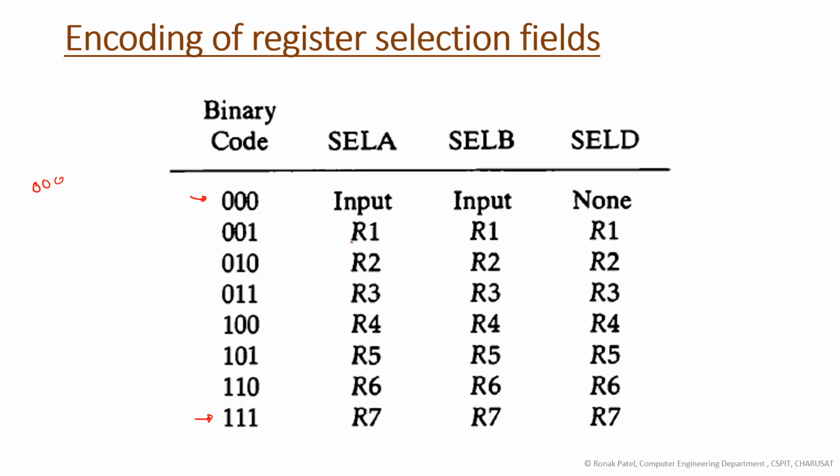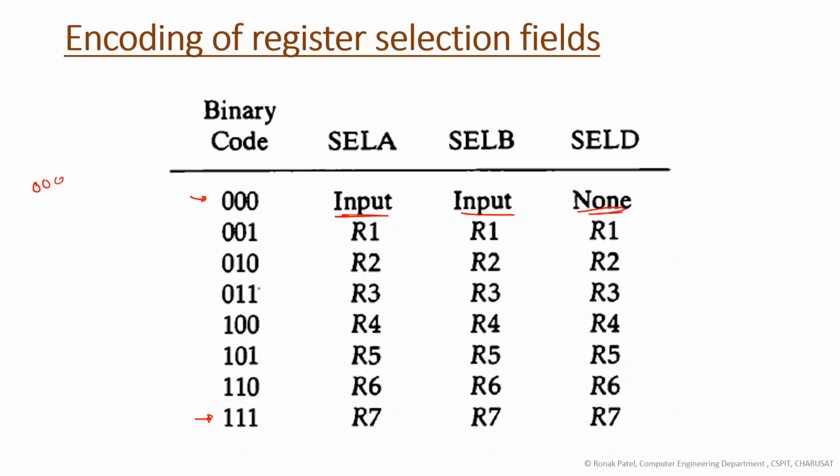So 001 is R1, R2, R3, R4, R5, R6, R7, and for 000, in the A or B selection it will select the external input. And when 000 is in select D, then it will not store into a destination register because it will be directly given to the external output, right?